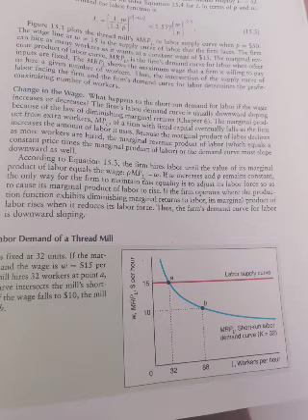The reason the firm's demand curve is downward sloping is that its marginal product of labor, MP_L, equals 1.2 times labor to the power of negative 0.4, and falls as the firm uses more labor.